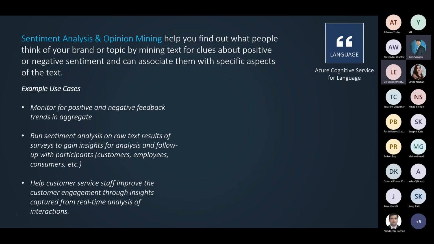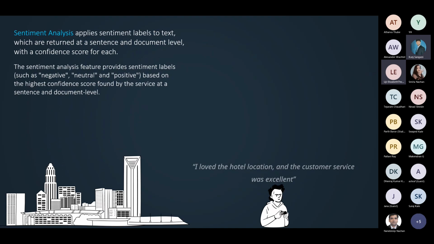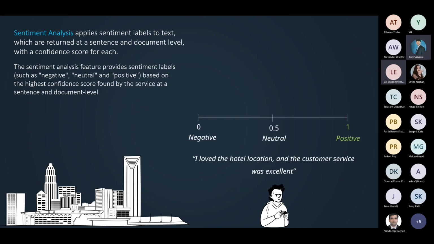So how I would do that, typically, is apply sentiment analysis. Let's take an example. A customer has gone to a hotel and says, I love the hotel location. The customer service was excellent. If you give that piece of text to the AI service, it plots a number between 0 and 1. 0 stands for negative, 1 is for positive, and 0.5 is neutral.